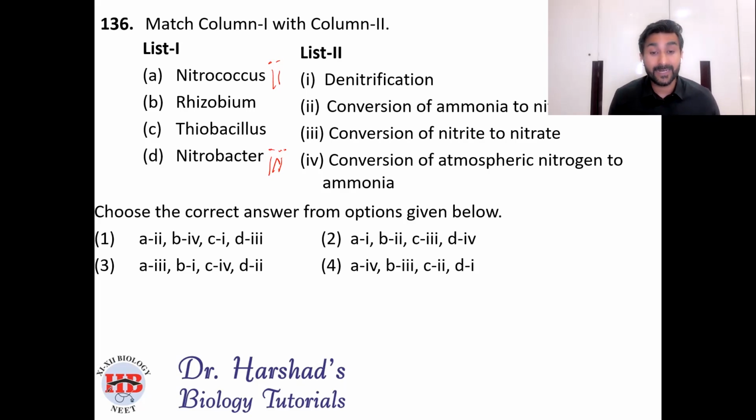We have rhizobium, which is responsible for nitrogen fixation, which is conversion of atmospheric nitrogen to ammonia. So that becomes B4. Thiobacillus are the denitrifying bacteria. So C would be 1. So you have A2, B4, C1, D3, and that's option number 1.